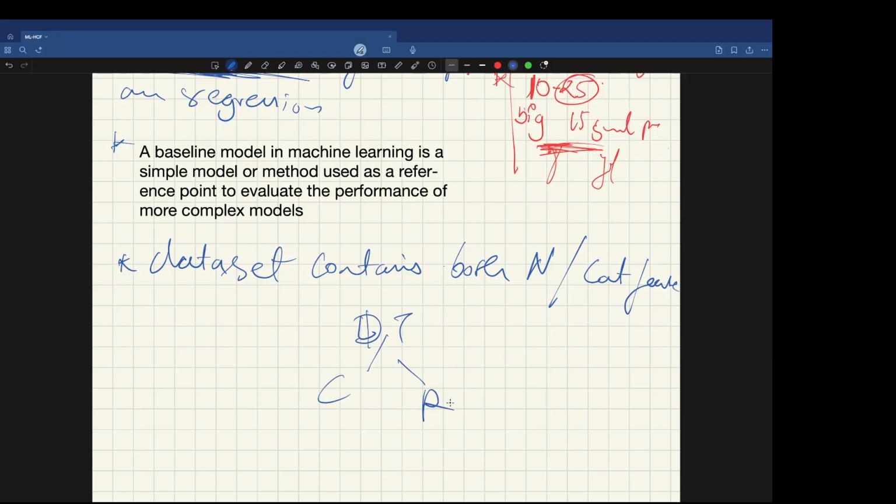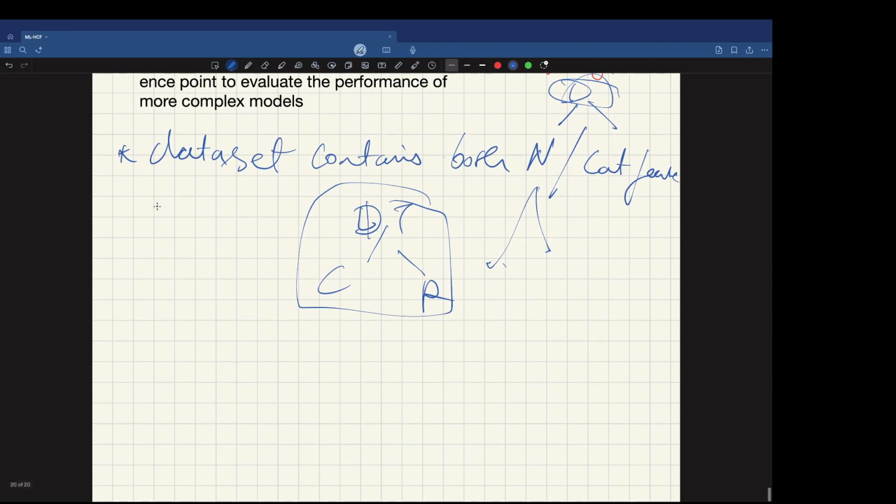So if you have numerical features, you can use it, and if you have categorical features, you can use it too. So two things: classification and regression, and decision tree is used if your features are numerical and categorical. Right, this is not class set, this is data set.